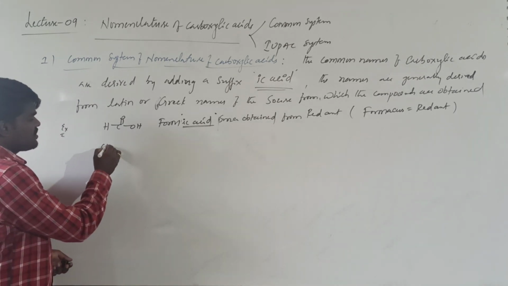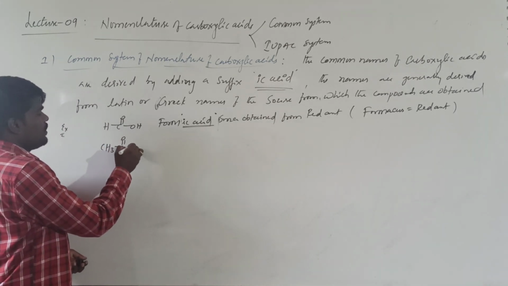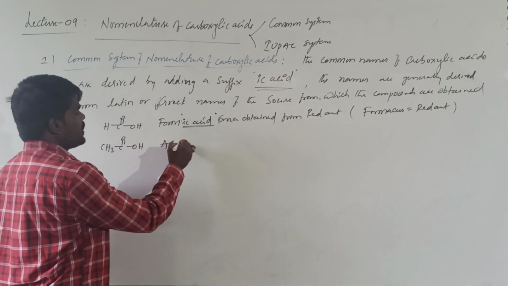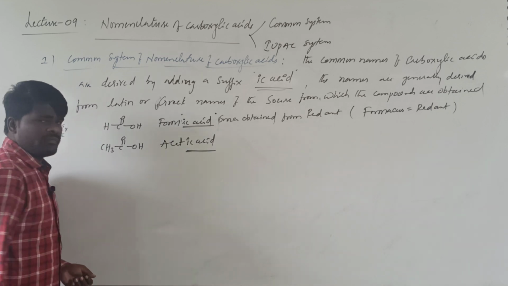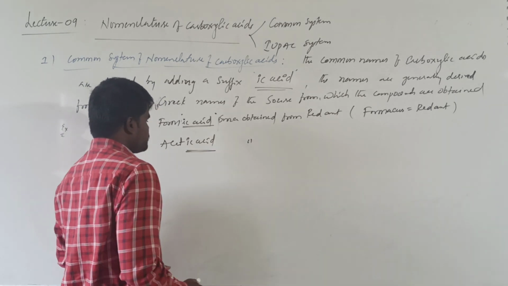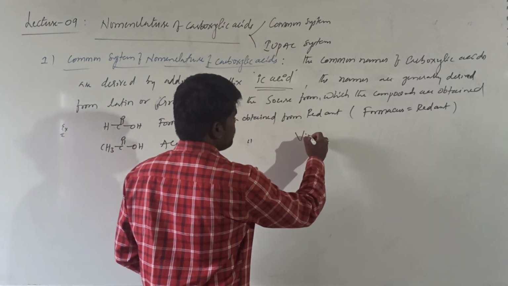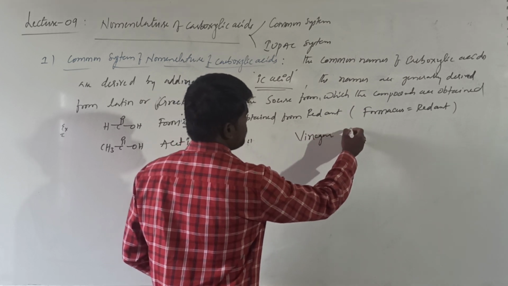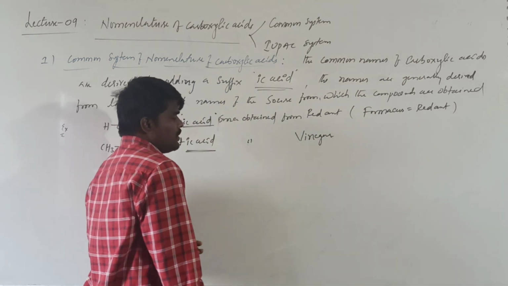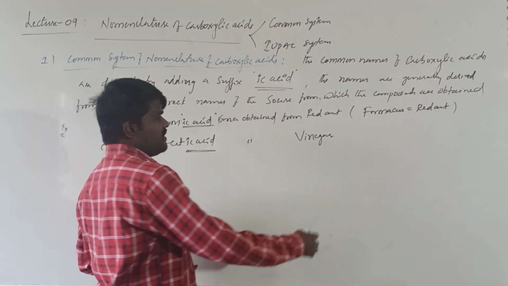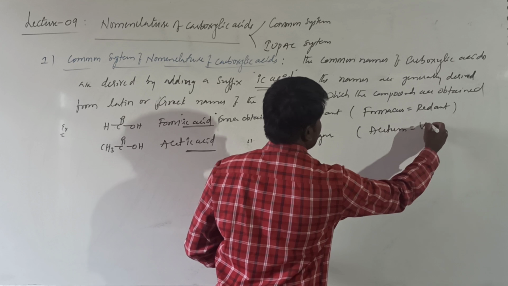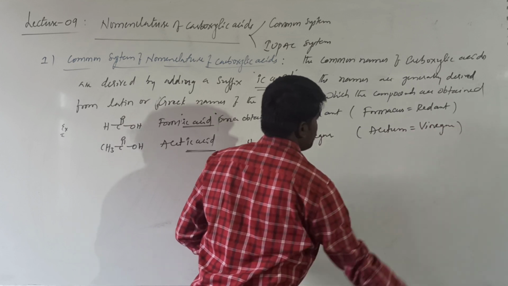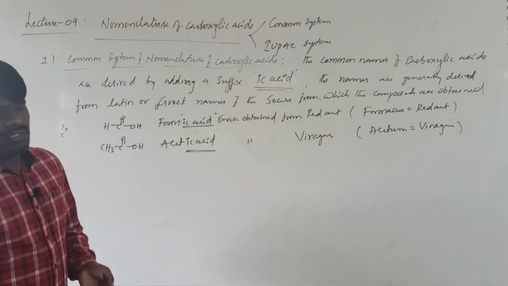The second member of the carboxylic acids is called acetic acid. This is the suffix we are adding, since it is obtained from vinegar. Acetum means vinegar in Latin.